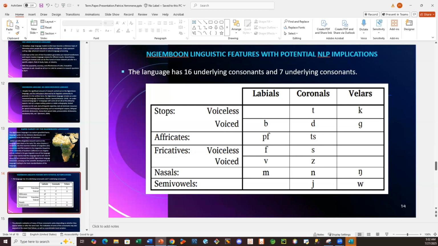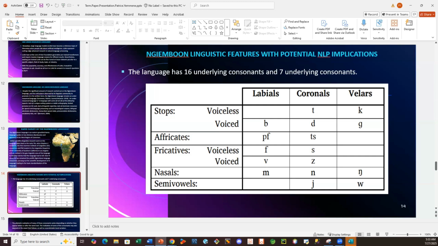But before we talk about the consonants, it's good to talk about the syllabic structure of the language, because this is going to have potential NLP implications. The language consists of consonant, vowel, consonant roots. So words generally have consonant, vowel, and consonant roots. They also have an obligatory root initial consonant, an optional semi-vowel, an obligatory vowel, and optional final consonants.